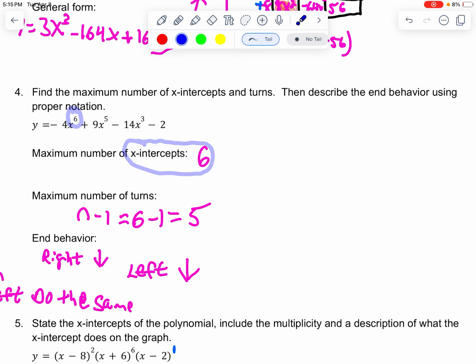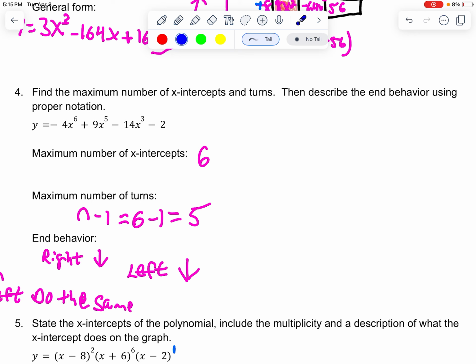Okay, so in this case, it's 6. Maximum number of turns will always be the degree minus 1. We write that as n minus 1. So 6 minus 1 is 5. And so the maximum number of turns will be 5.